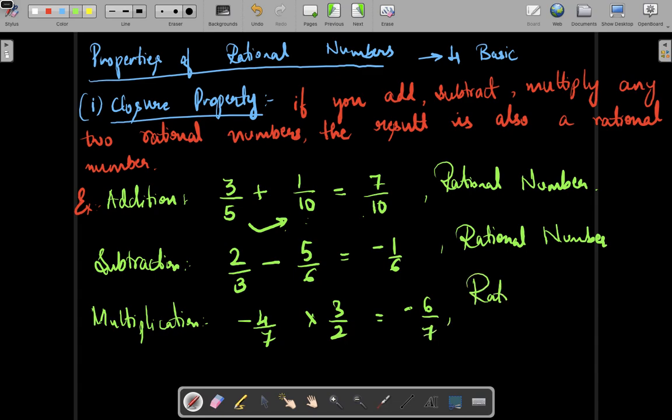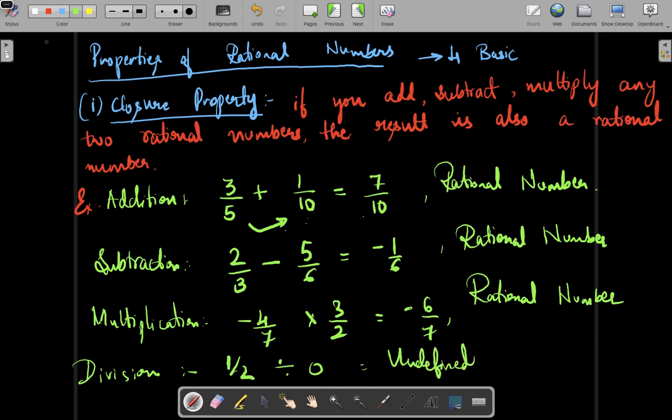Again, it's a rational number. Last, which is division. Consider 1 over 2 divided by 0. It's undefined. So it is not valid for division.